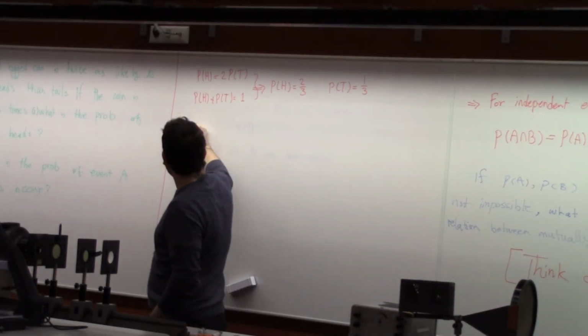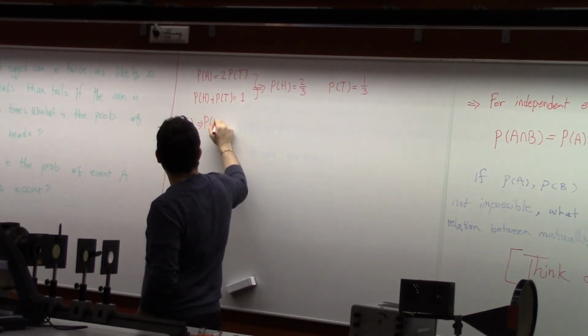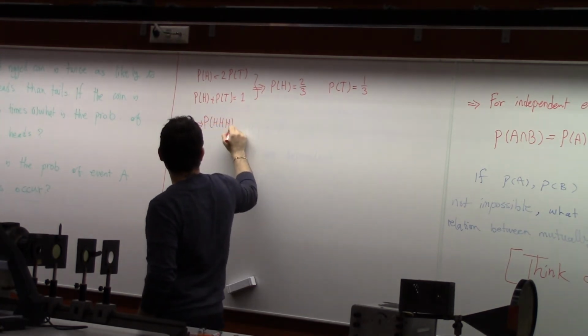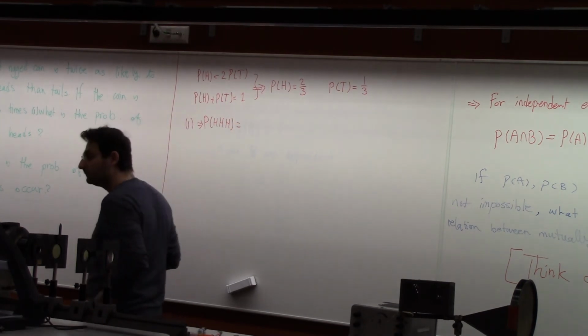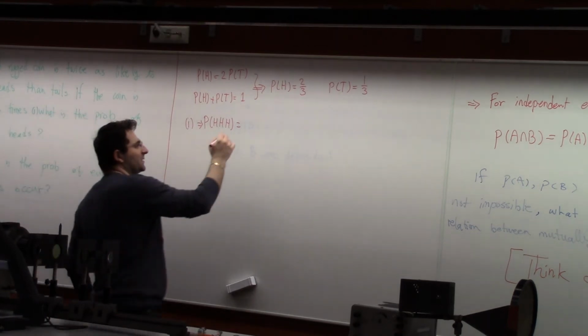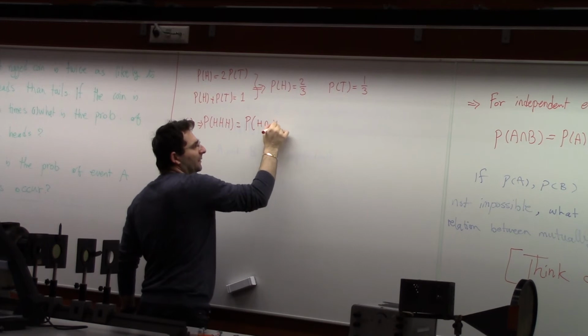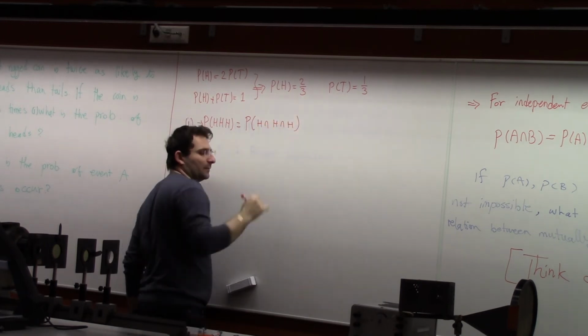In the first part, it said what is the probability of head, head, head? Which means what is the probability of head intersected by head intersected by head?